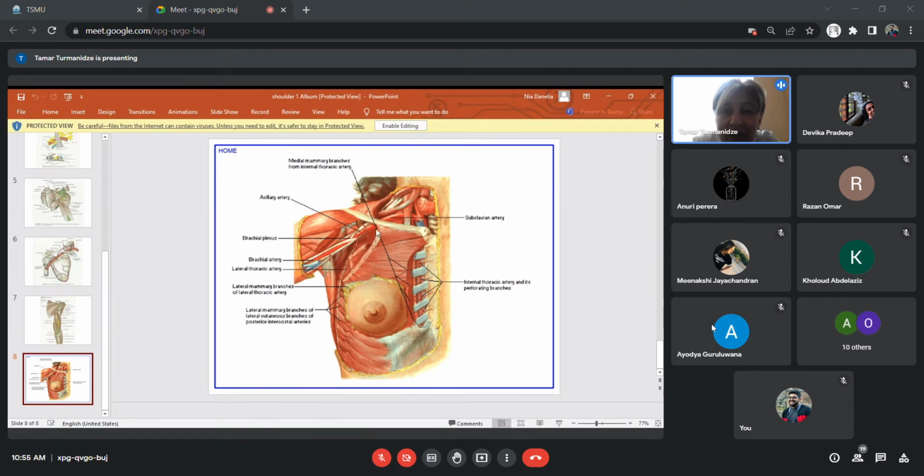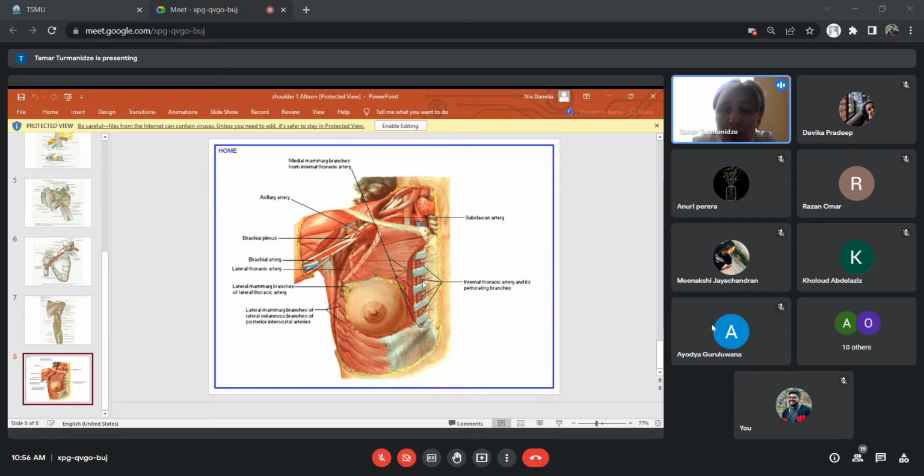All these main vessels and nerves of the shoulder are located in the anterior wall of the axilla. The anterior wall of the axilla projects onto the infraclavicular region. The infraclavicular region is bounded superiorly by the clavicle.